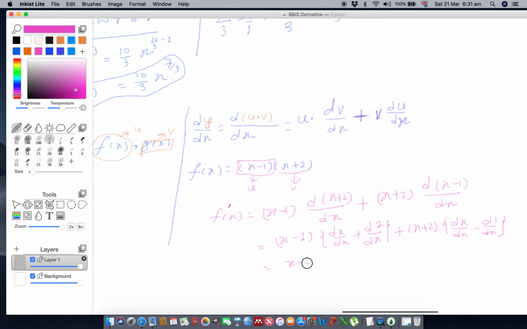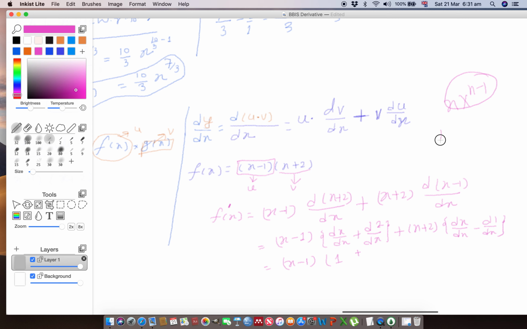So x minus 1 and the derivative of x over dx is 1. You can use this formula as well. There is the same value in numerator and denominator, so these are cancelled and left 1, or d2 over dx, the derivative of a constant.